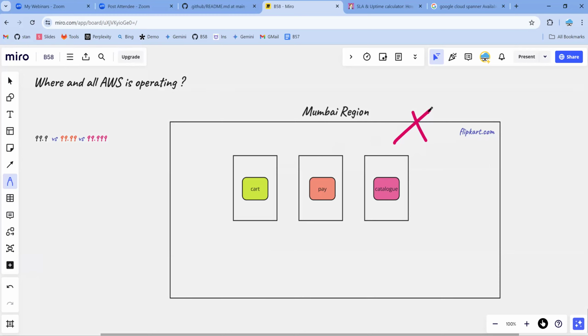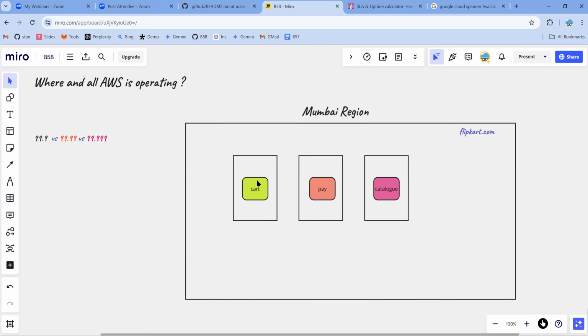And that's the reason it is going to be designed differently. If you say Mumbai region, it's not a single location. You need to be very clear on it. Technically, this is not how infrastructure is going to be created.